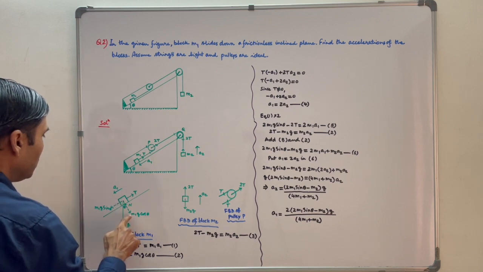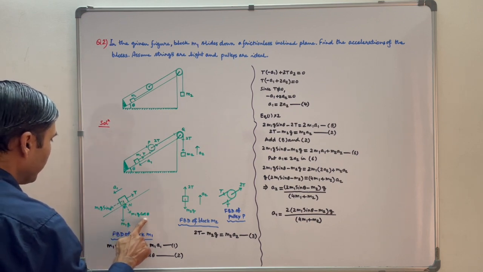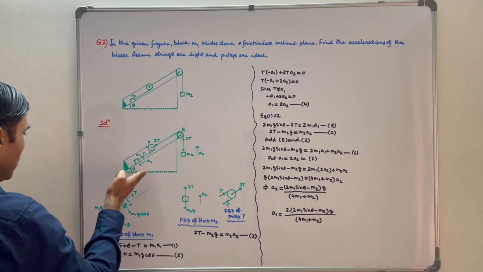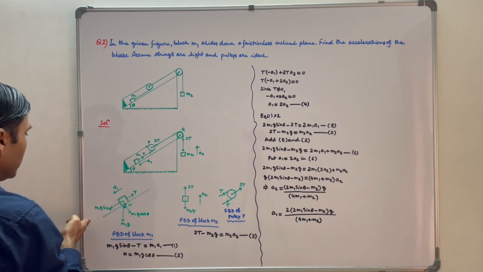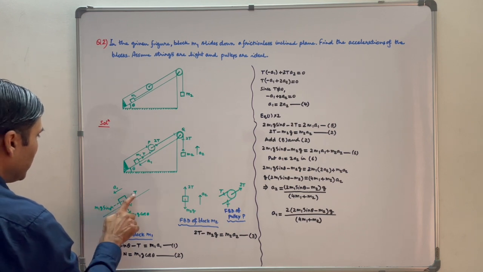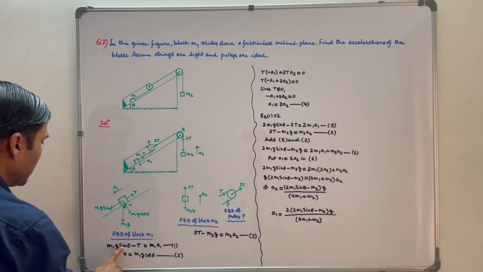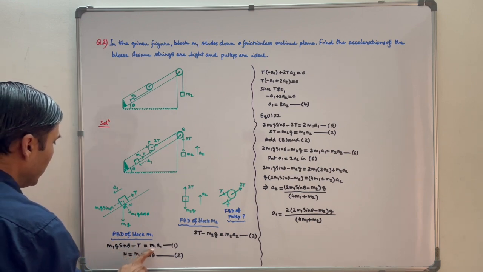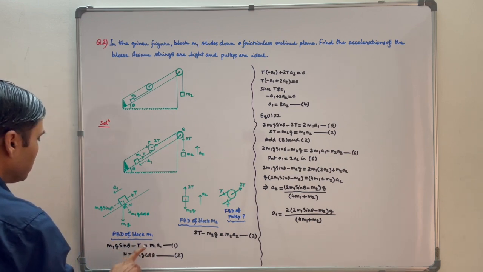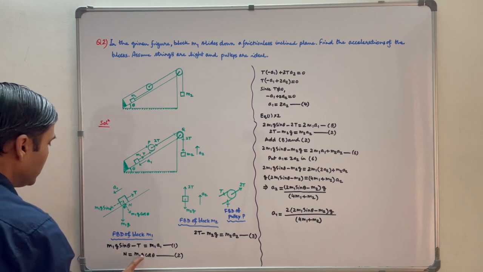Perpendicular to the plane component will be M1g cos theta. Since this block is moving downwards, that means net force is working downwards, and that is M1g sine theta minus T. So we will form equation of motion as M1g sine theta minus T is equal to M1 A1. The other equation will be N is equal to M1g cos theta.